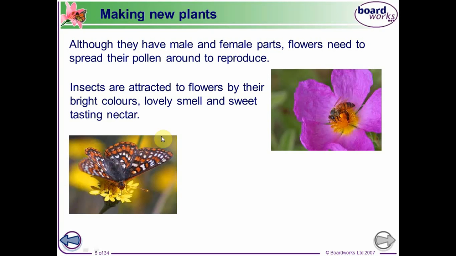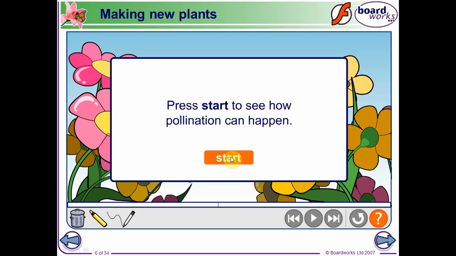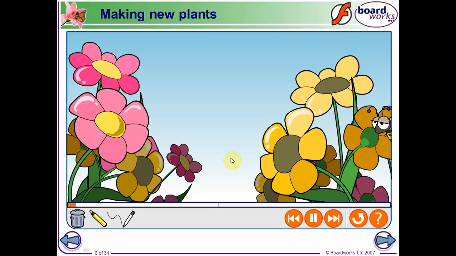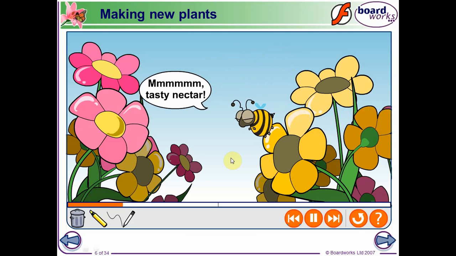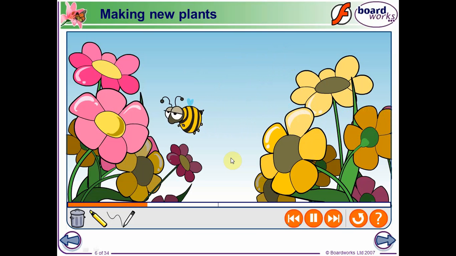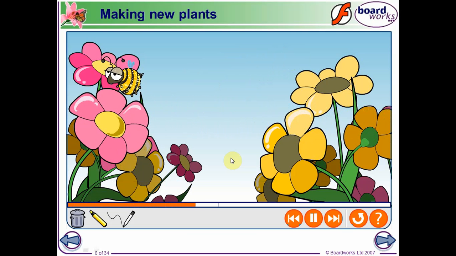Number two, by insects. Let's see. This is a bee. It searches for a flower to take the nectar from it. Look, these are the pollen grains on the bee.